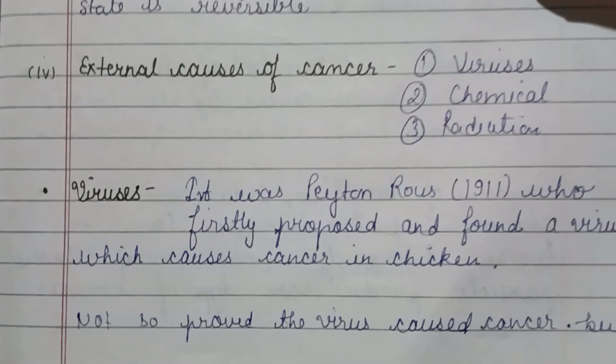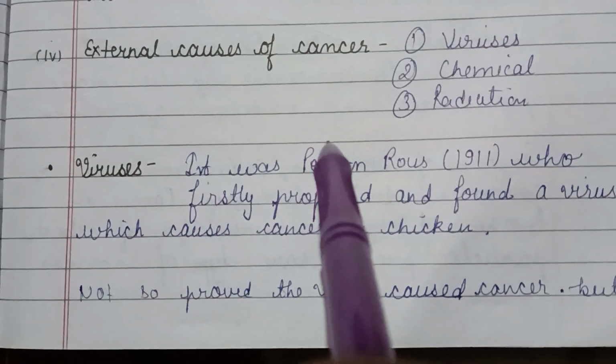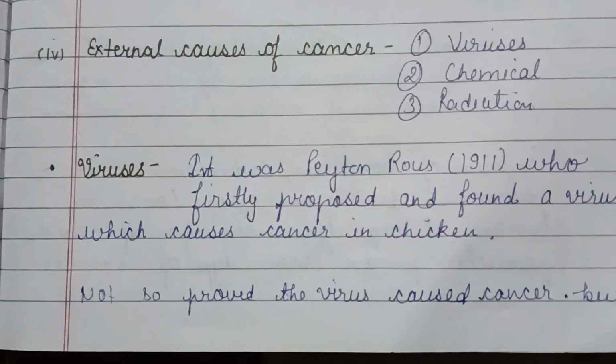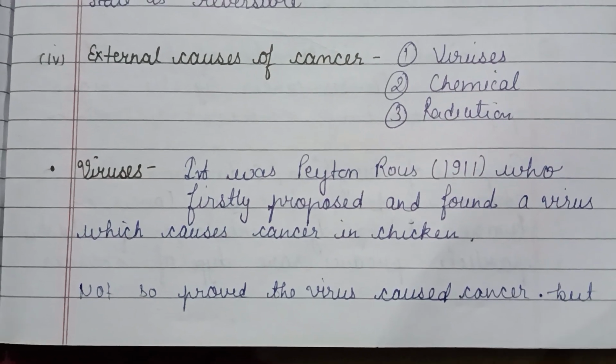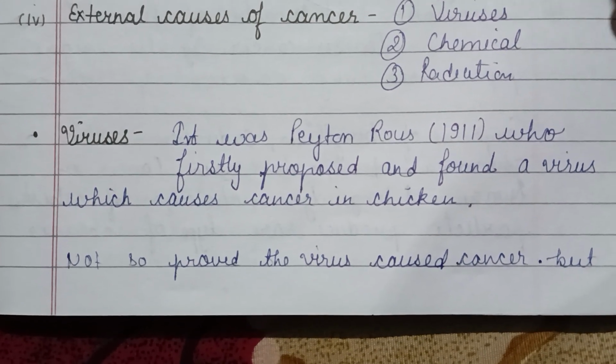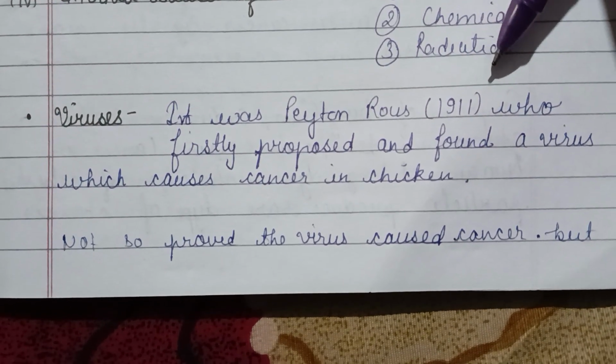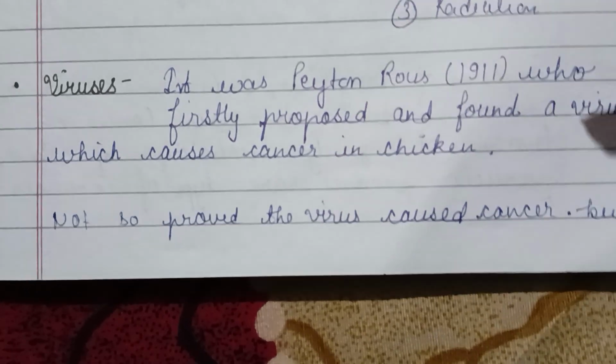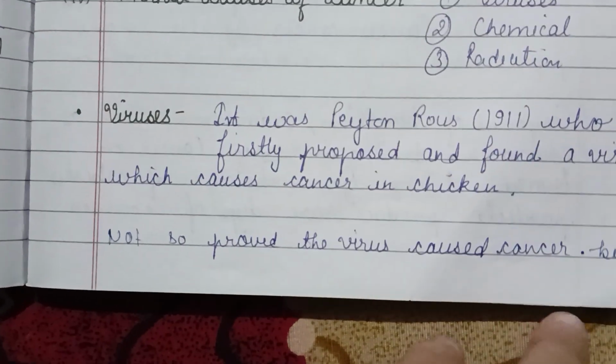What are the external causes of cancer? Viruses, chemicals, or radiation. The first one is virus. Peyton Rous first proposed that he found a virus which caused cancer in chickens. It was not proved that viruses cause cancer, but a virus was found in breast cancer.